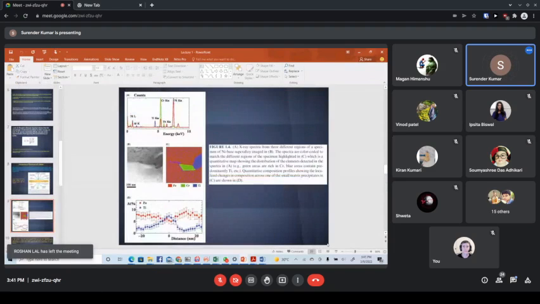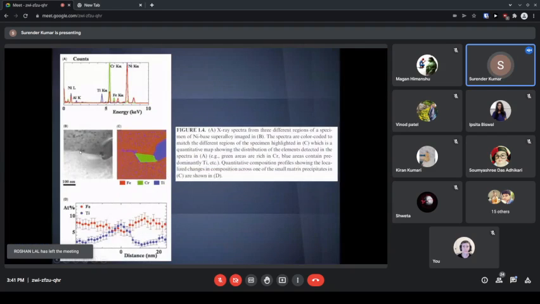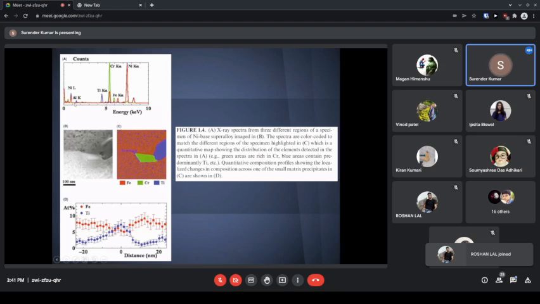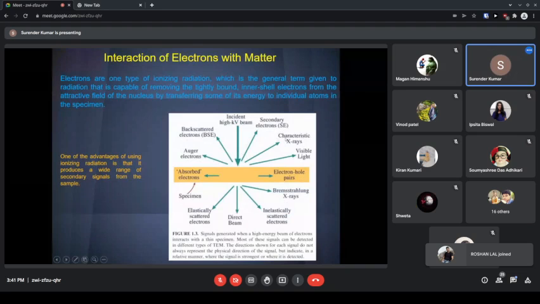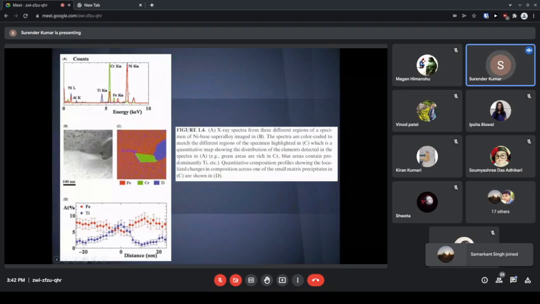We were discussing here a typical X-ray spectrum where you have X-ray energy on the X-axis. You have to see here how X-rays are produced. You have, for example, characteristic X-rays here. When you utilize these characteristic X-rays, you will get information about the composition of your sample.